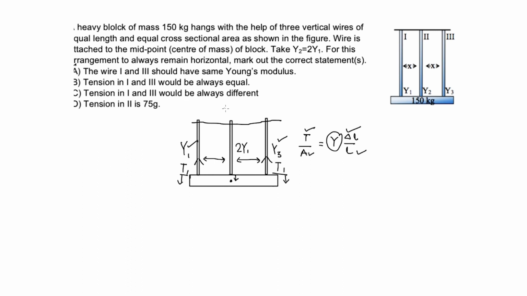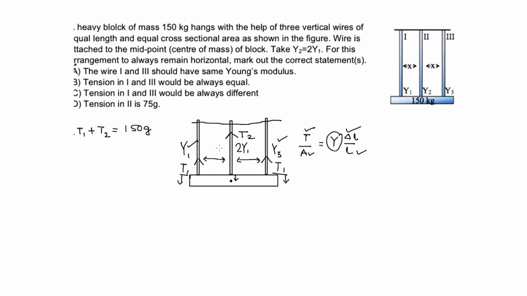Tension in 2. So I need to find out the tension in wire 2, T2. One equation I can readily write is the force equation: 2T1 plus T2 is equal to 150g. Another equation I can write from this expression, as delta L has to remain the same for all three wires.